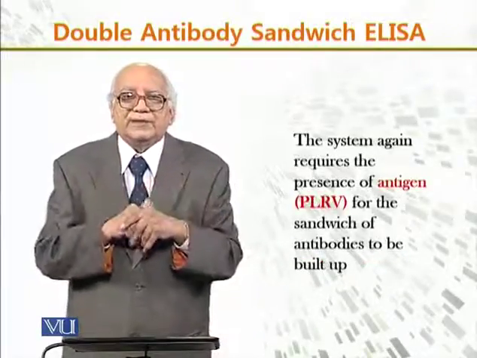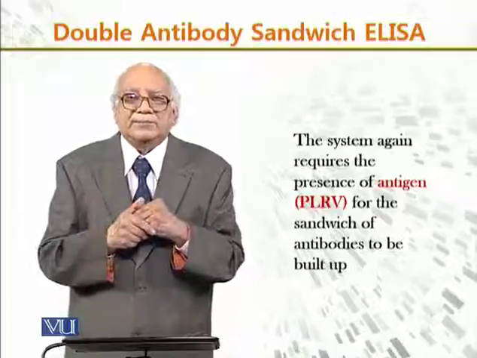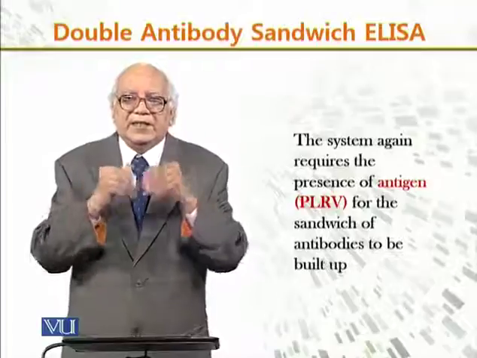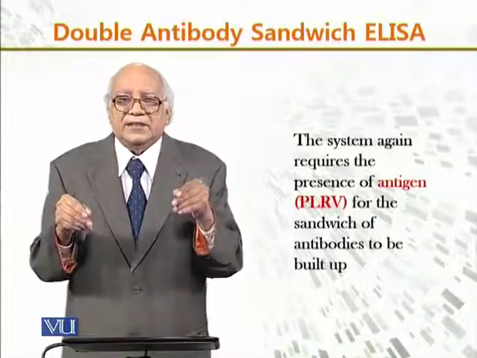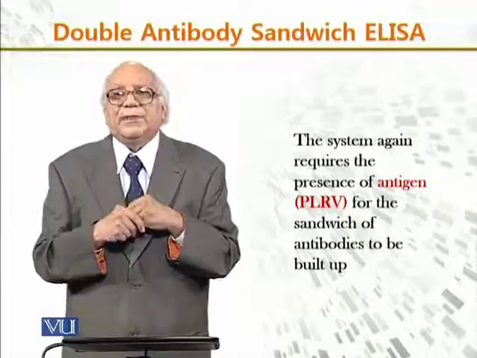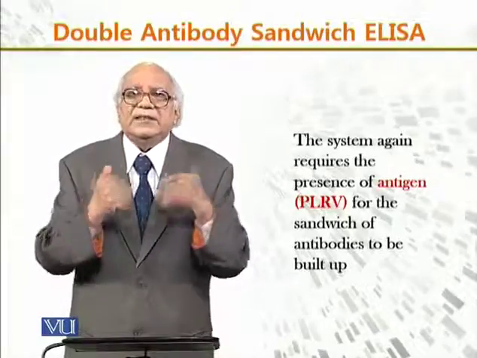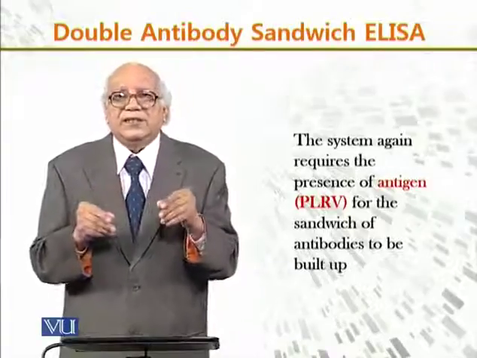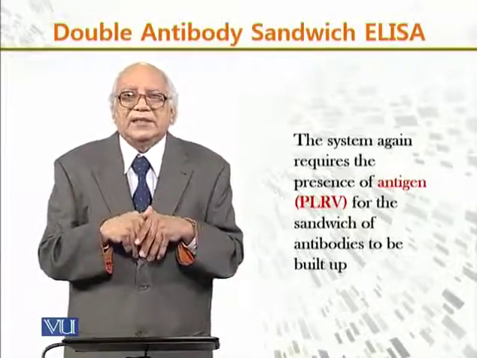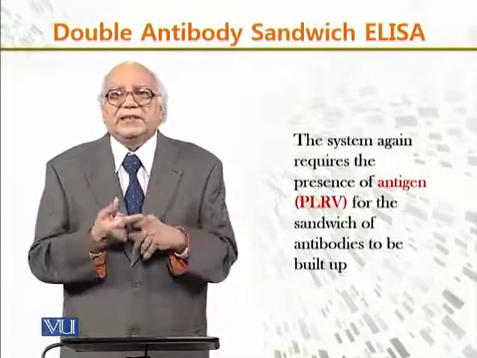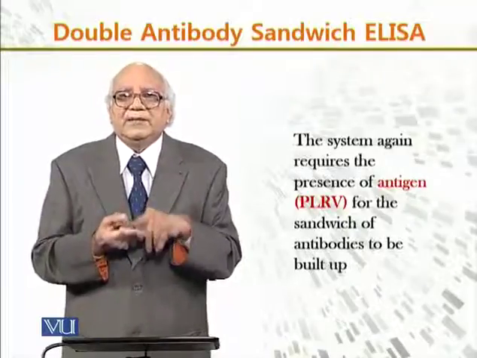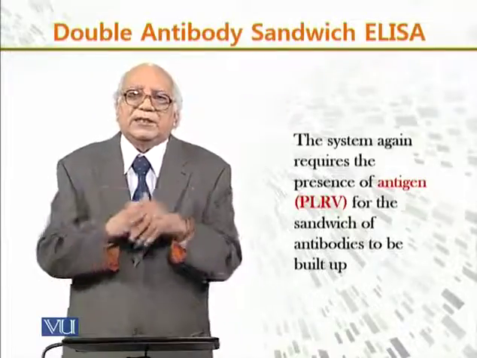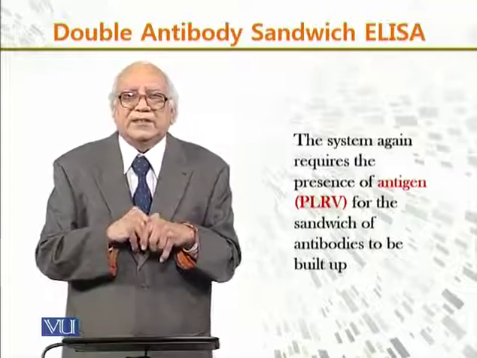The system again requires the presence of antigen, that is the PLRV antigen, for the sandwich of antibody to be built up. So in this segment, we have discussed how these methods are applicable not only to human beings, but to plants as well, or wherever we have to determine the antibody-antigen reaction.